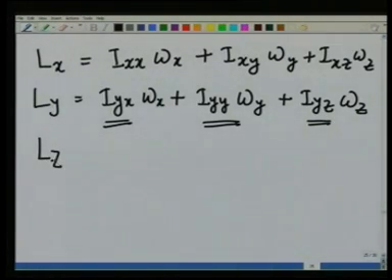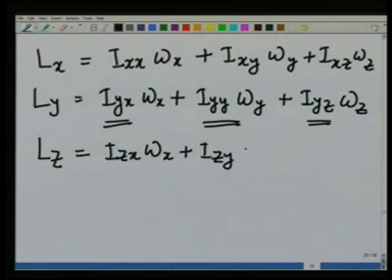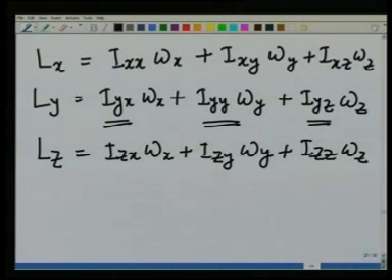L z similarly would be I z x omega x plus I z y omega y plus I z z omega z, where I z z is the moment of inertia about the z axis, and I z y and I z x are products of inertia. Let me define them.